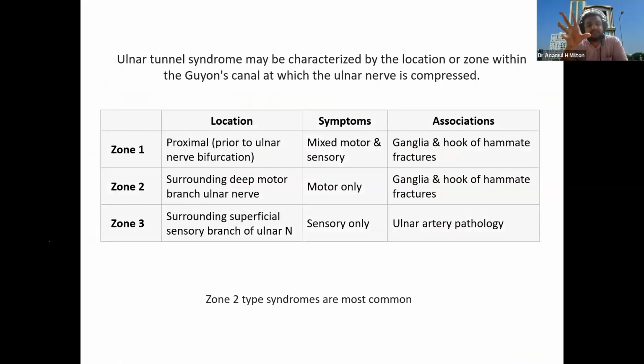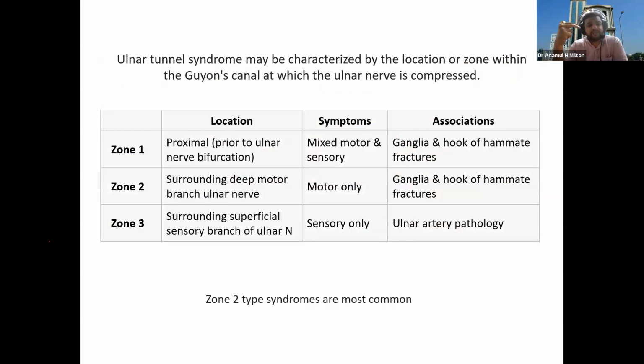That is zone 1, so both motor and sensory are diminished, and usually it is associated with a problem with the pisiform. Sorry, it is not the hook of the hamate, it is a problem with the pisiform.